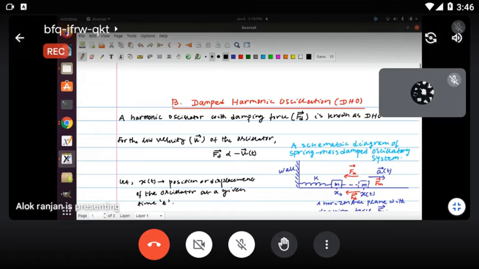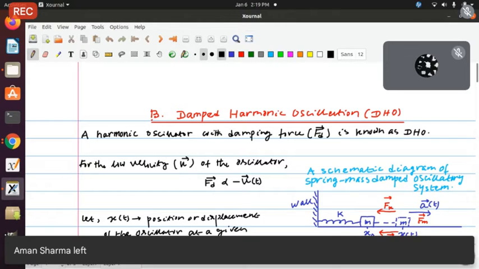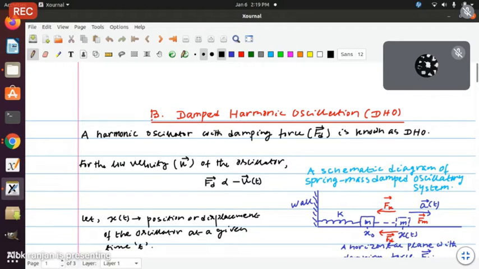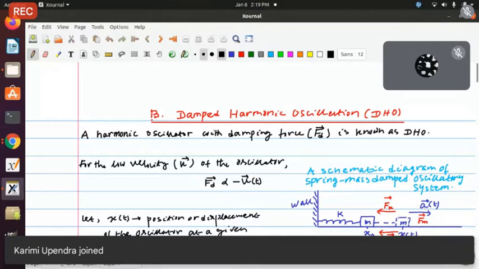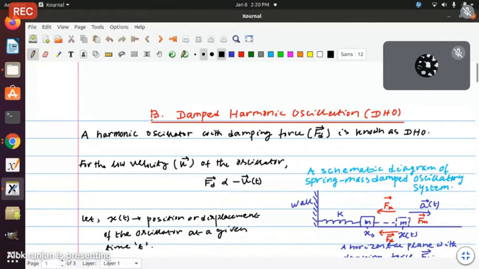So if we have a resistive force, then we have a damped harmonic oscillator. Frictional force, viscous force, even drag force are examples of resistive force, and they can act on an oscillator, and the damping can occur.